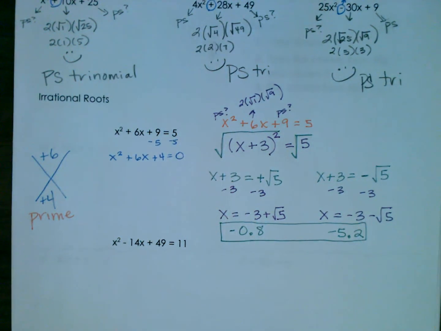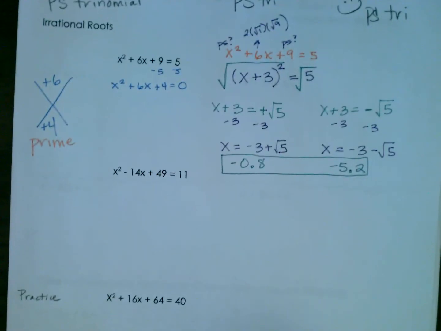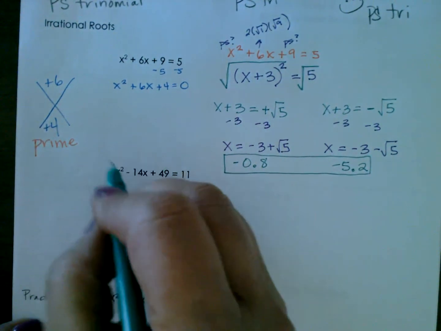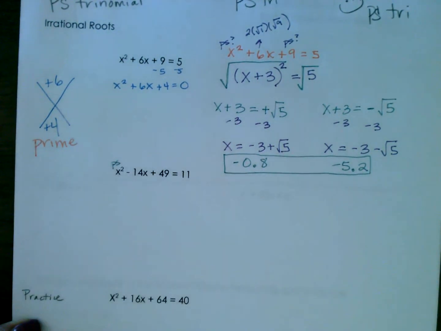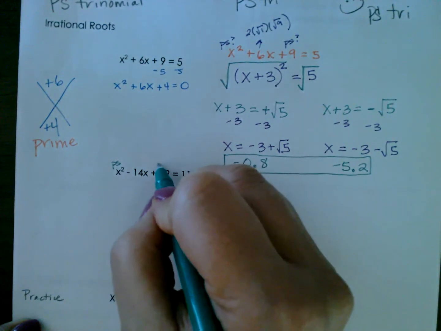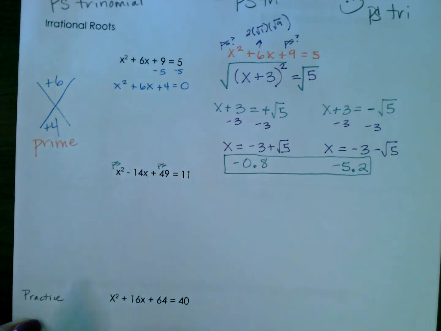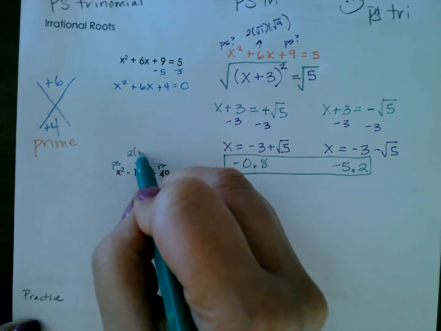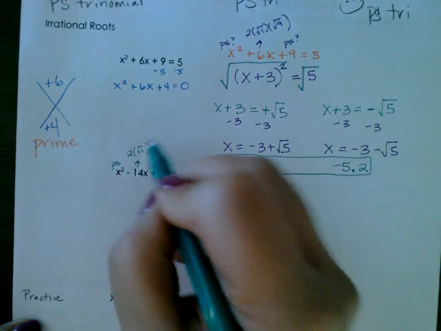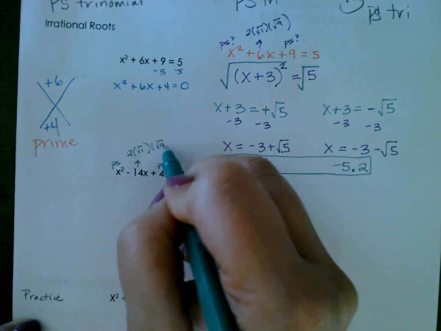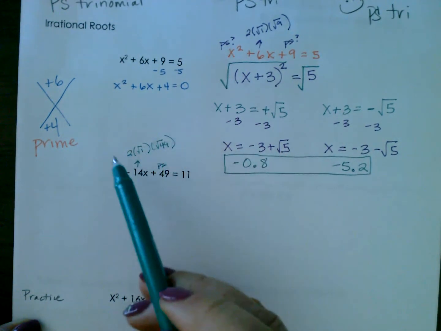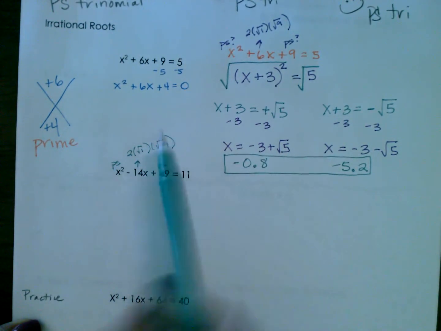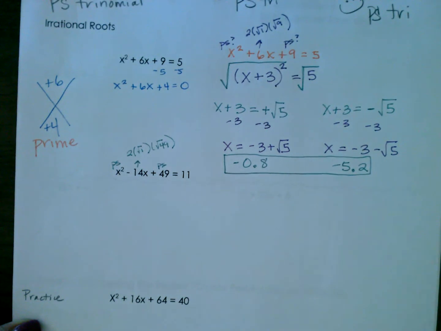We'll do another one together. Okay, before I move the 11 over, I am going to ask myself, is that a perfect square? It is. Is that a perfect square? Yes. Is 14 2 times the square root of the a term times the square root of the c term? 2 times 1 times 7 definitely is 14.